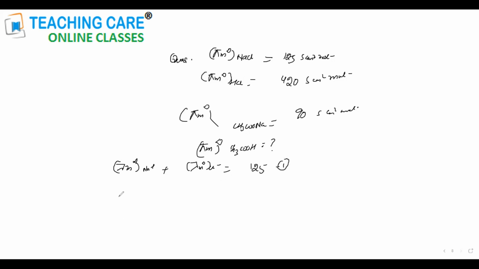Then the molar conductivity of H plus plus the molar conductivity of Cl minus is 420. Then the molar conductivity of CH3COO minus plus Na plus will be 90.